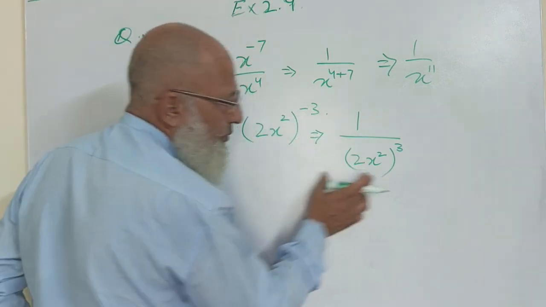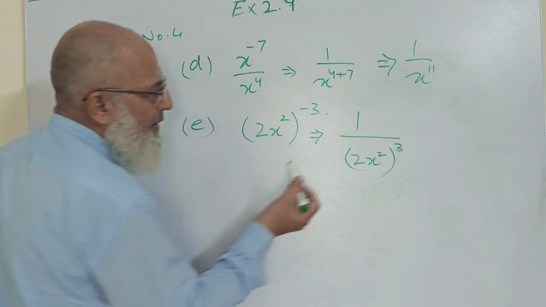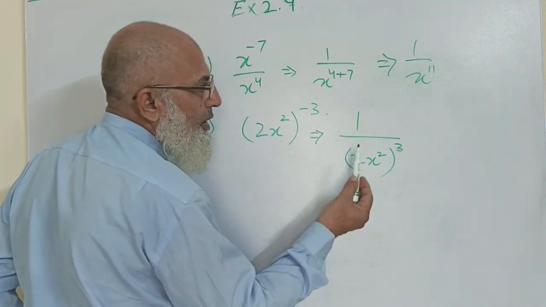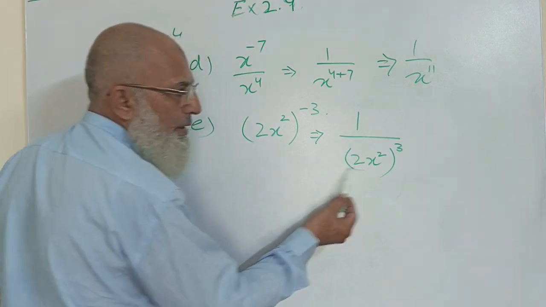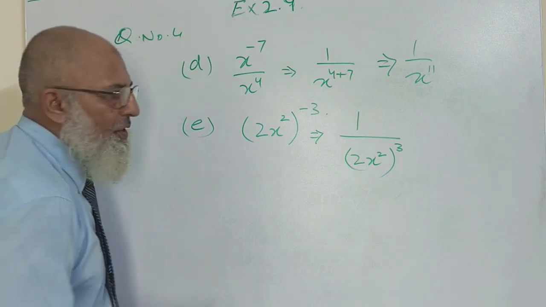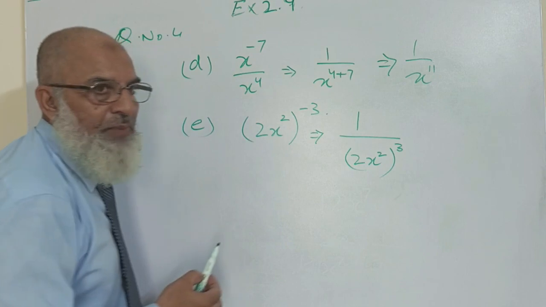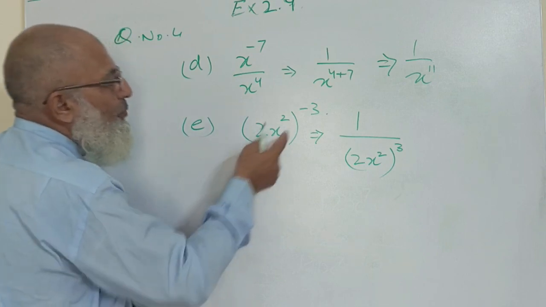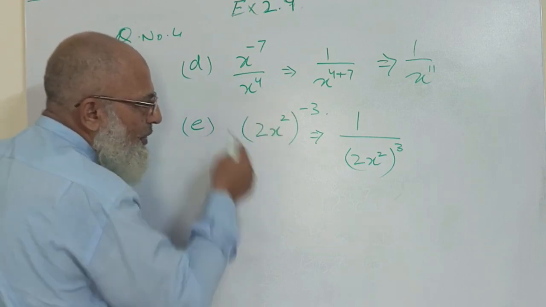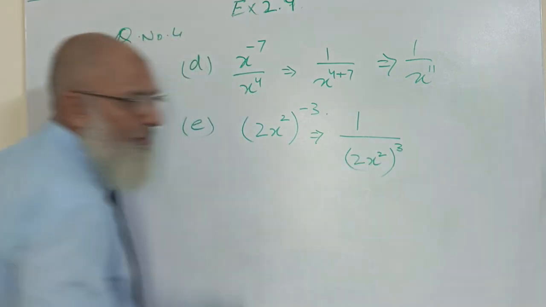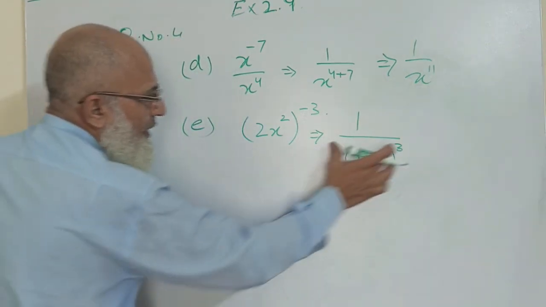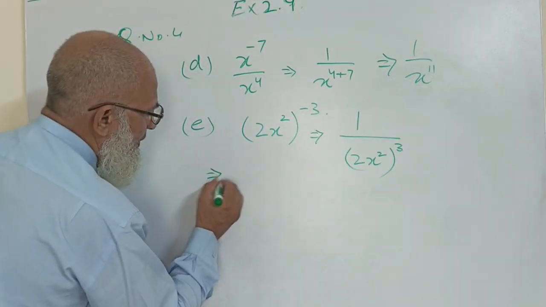You have noticed that in our previous question we didn't shift the coefficient from its original place. But here, since it is enclosed in bracket, we have shifted it also with the sign, with the index.